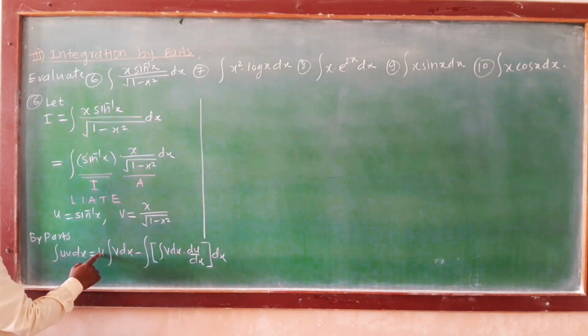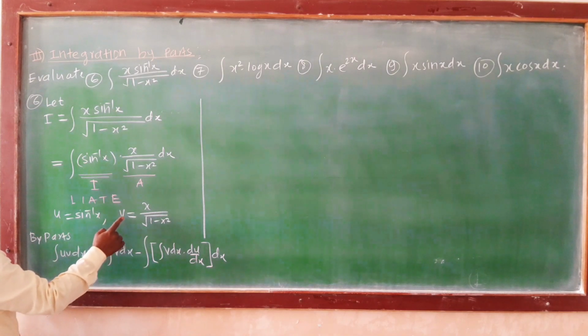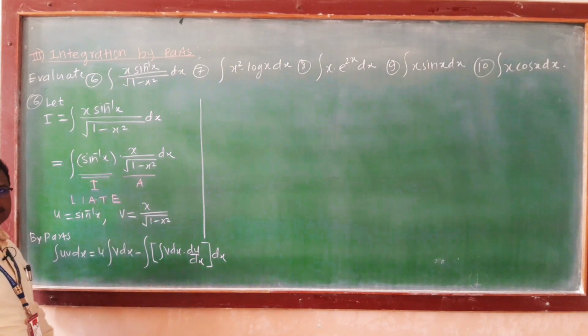Now put values of u and v. u means sin inverse x and v means x upon root 1 minus x square.